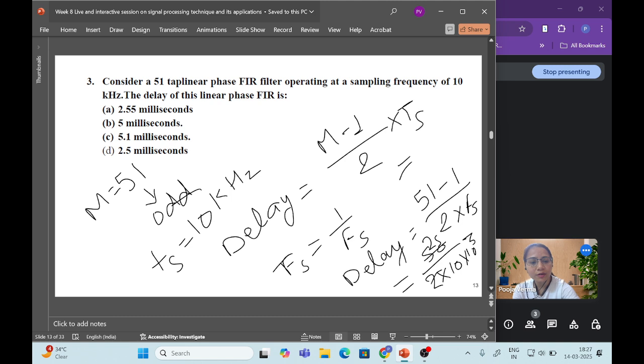After that I am solving here. So you will get 25 divided by 10 kilohertz, so 10 to the power minus 3, right? So how much is it? 2.5 times 10 to the power minus 3, which we call milliseconds. So 2.5 milliseconds.